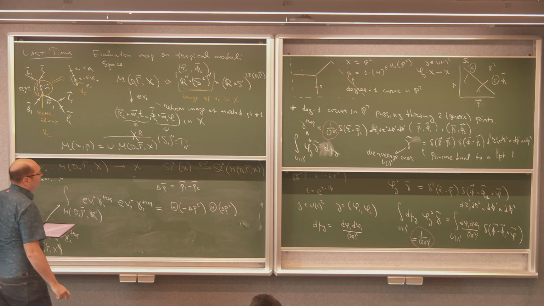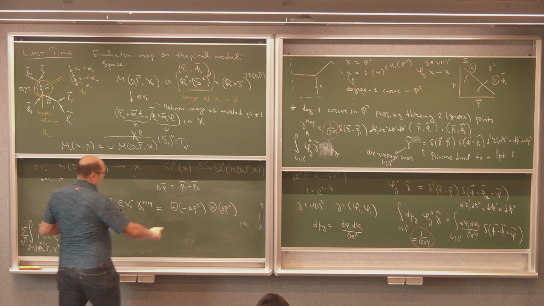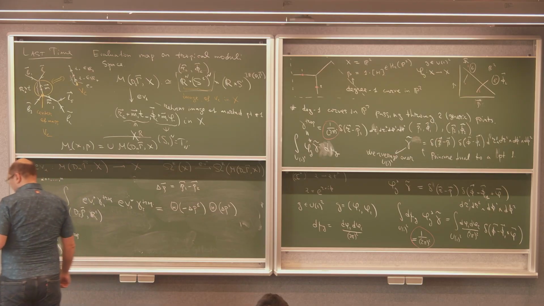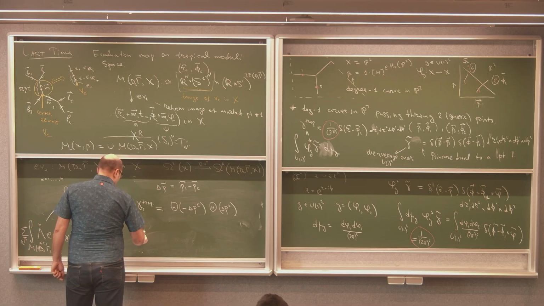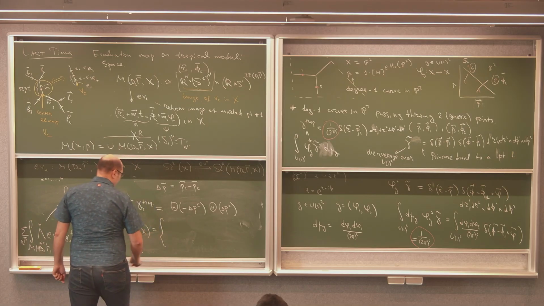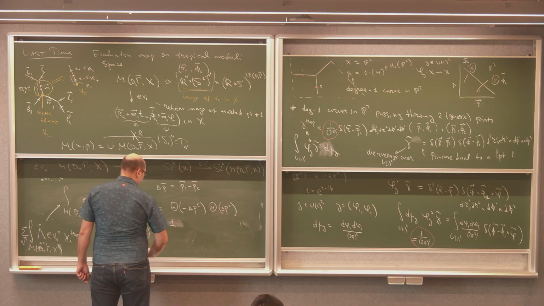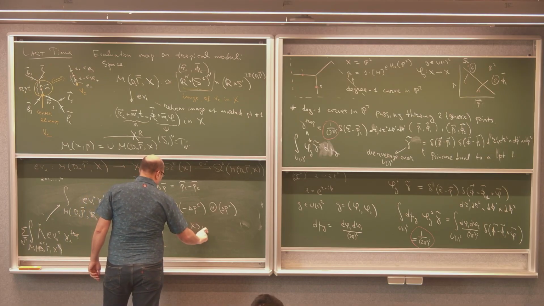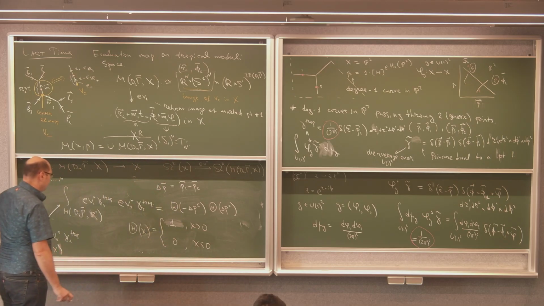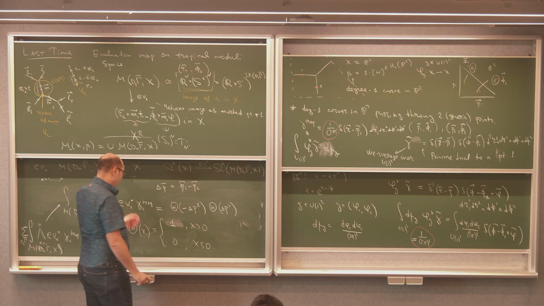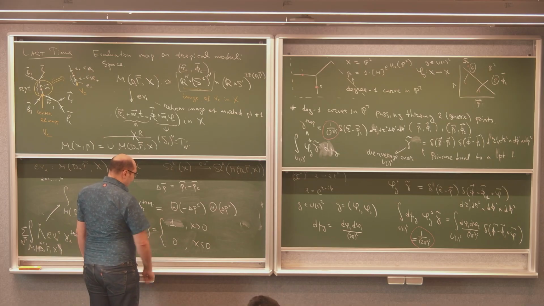So the final answer depends only on the relative radial position, and the answer is either 0 or 1. The theta function is equal to 1 if x is positive, equal to 0 if x is negative, and it is undefined or discontinuous at x exactly equal to 0.